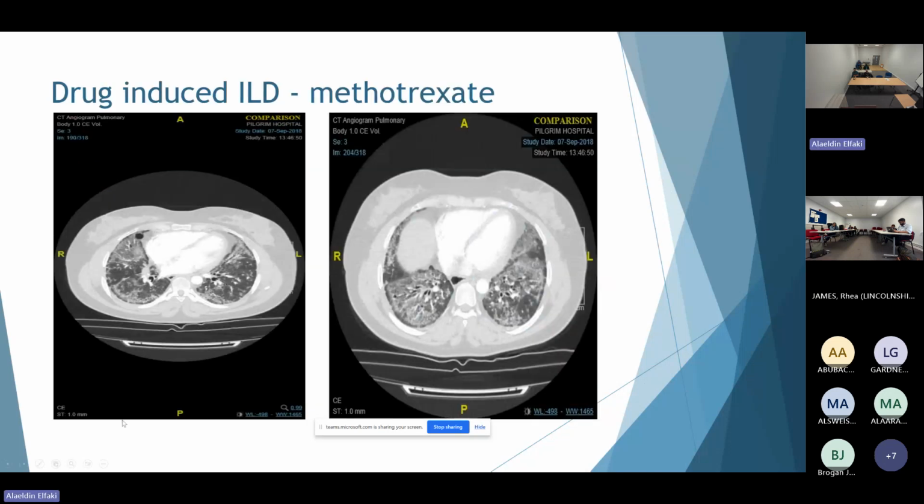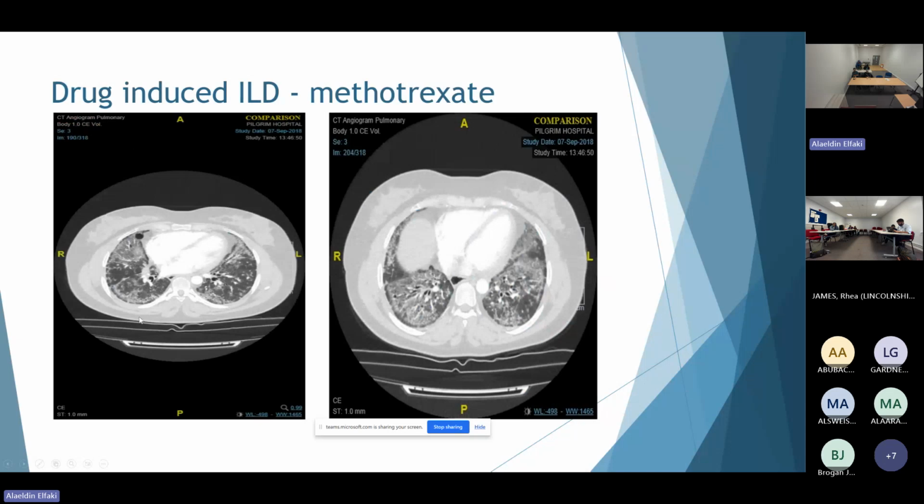Right. Drug-induced ILD is also one of the most important things you need to exclude. Predominantly, it's the history. So if you focus on the history, you might pick up the cause for the lung fibrosis if it is drug-induced.